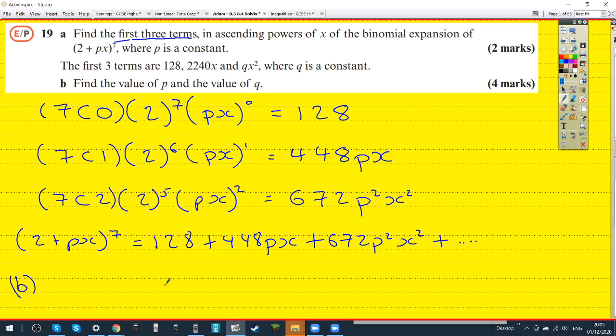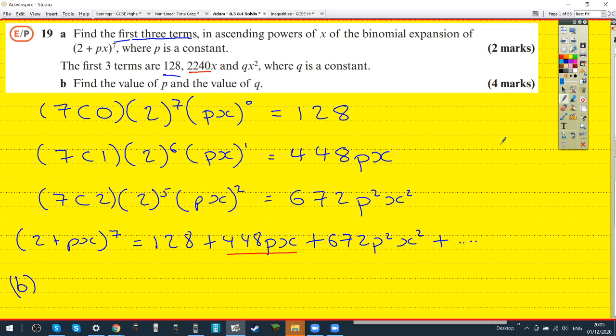Could you put it in as a quadratic, or would that not work? No. So we got the first three terms in terms of p. So what do you notice about our first term and their first term? They're the same. So what about the second term? We're trying to find out what p is.